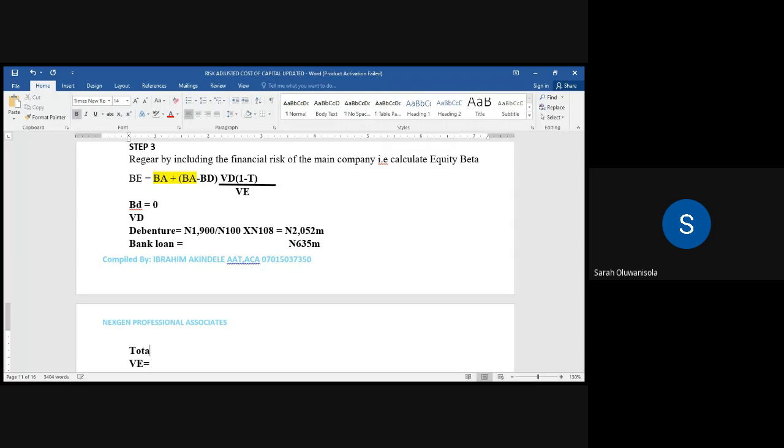Total value of debt is 2,687 million. Class, are we good? 2,687. Okay.